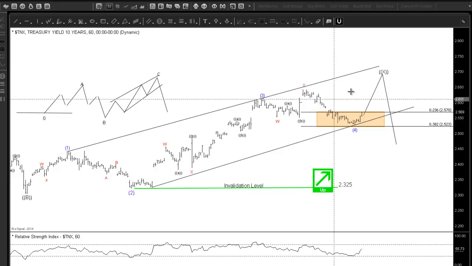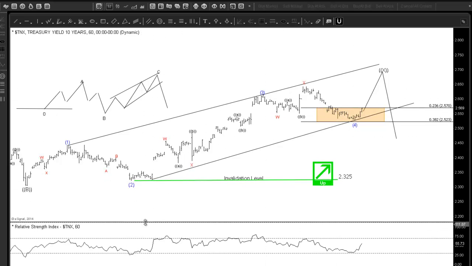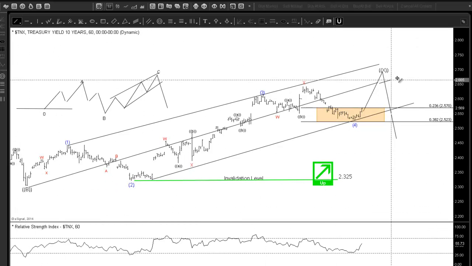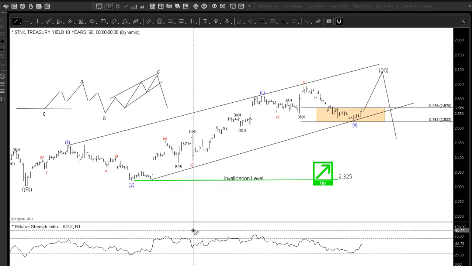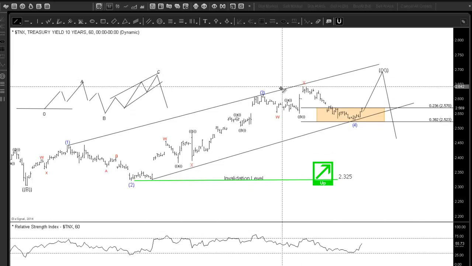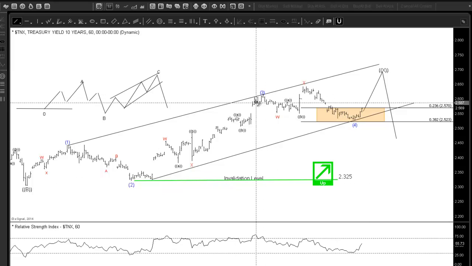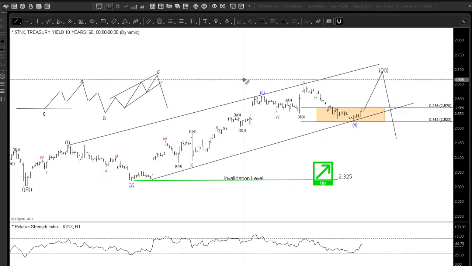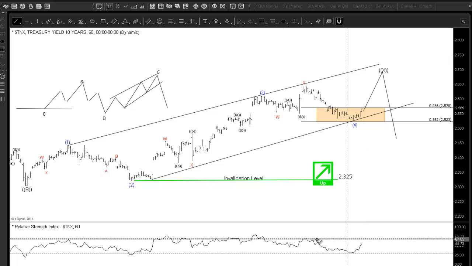Now, as we are labeling it as a flat here, as in five swings and a diagonal in the C leg, obviously we would need to see RSI divergence staying intact between the new high and the highest RSI reading that we have had until this peak here, which is this one.